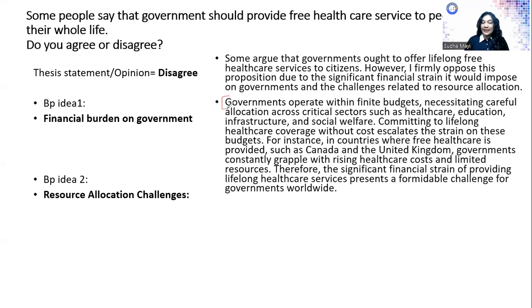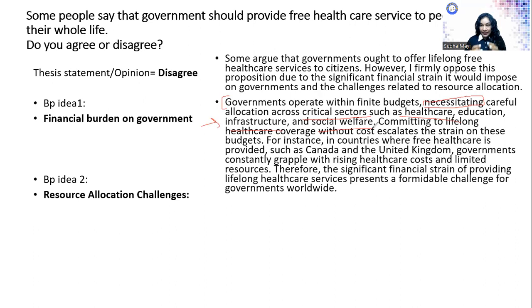So governments, this is my first point. Governments operate within finite budgets, necessitating, please look into the word necessitating, means essentially it is very important to carefully allocate, right? Careful allocation across critical sectors such as healthcare, education, infrastructure, and social welfare.